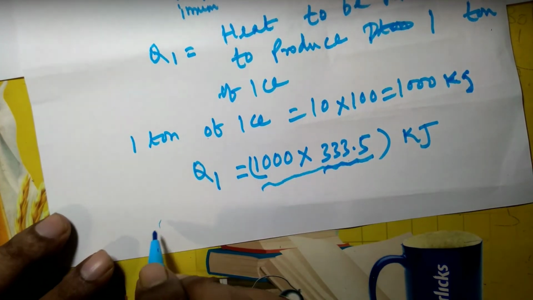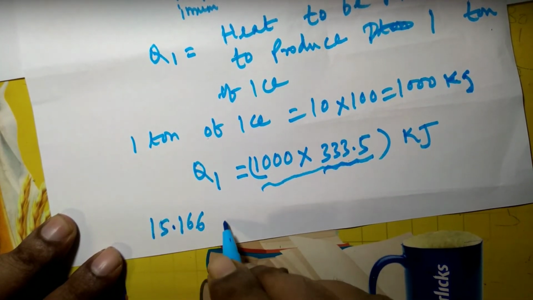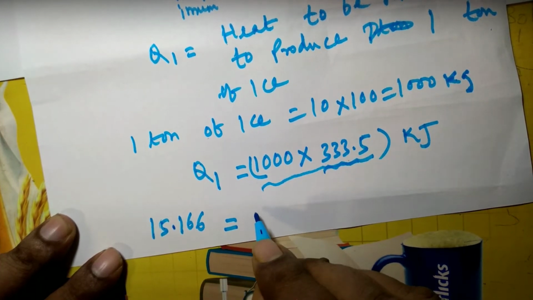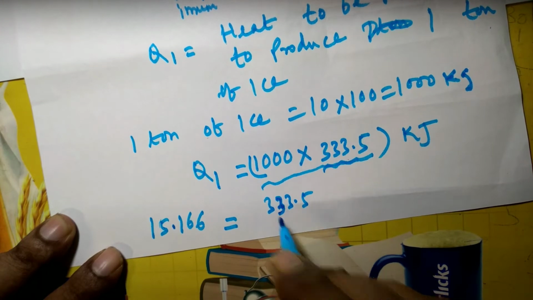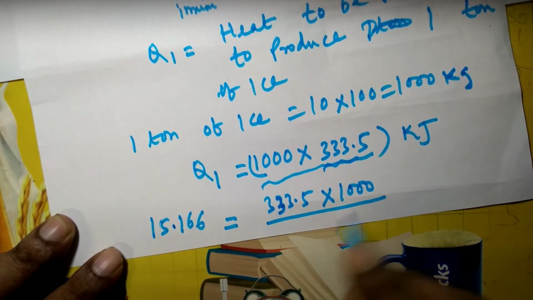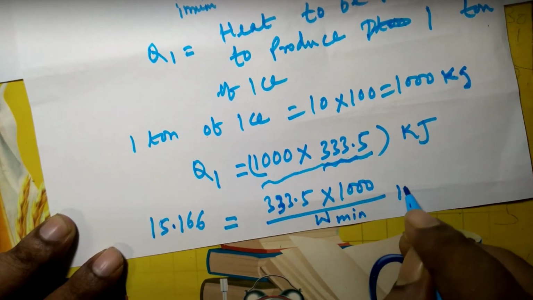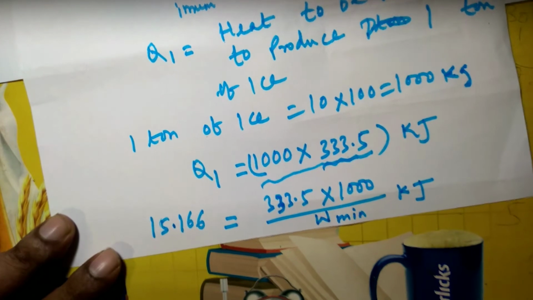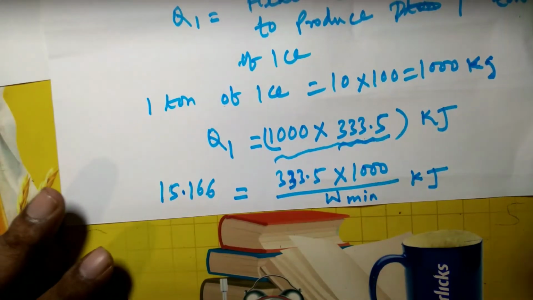And COP maximum is 15.166, and this is equal to 333.5 multiplied by 1000 divided by W minimum kilojoule. So from that we can easily calculate W minimum.